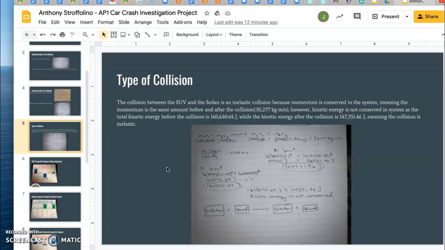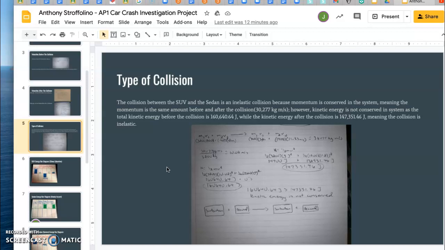The deciding factor of the type of collision, whether it's elastic, perfectly inelastic, or inelastic, is whether or not kinetic energy is conserved. So when you solve for kinetic energy, you have to use the equation 1/2 times mv squared, and you have to find the kinetic energy for each car before the collision and after the collision, and add them.